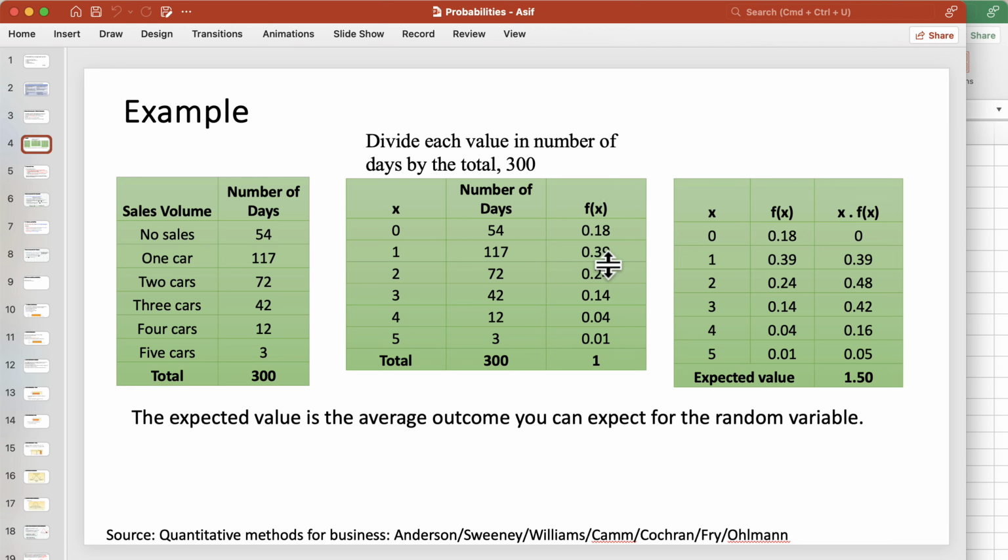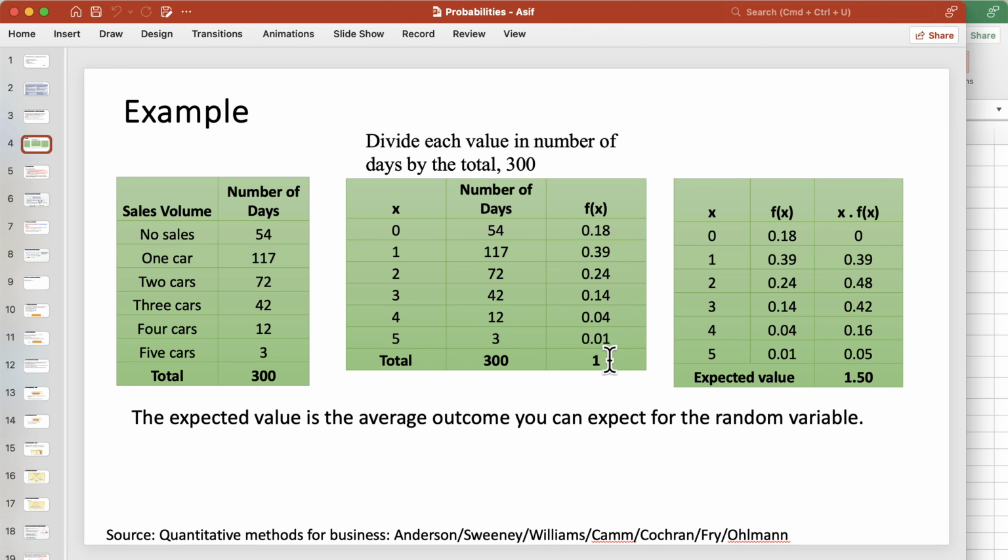So that gives us probability. So the probability that 0 cars would be sold is 18%, probability that 1 car would be sold is 39%, probability that 2 cars would be sold is 24%, and then here is probability of 3, 4 and 5. And as you can see, all these probabilities sum up to 1 or 100%.